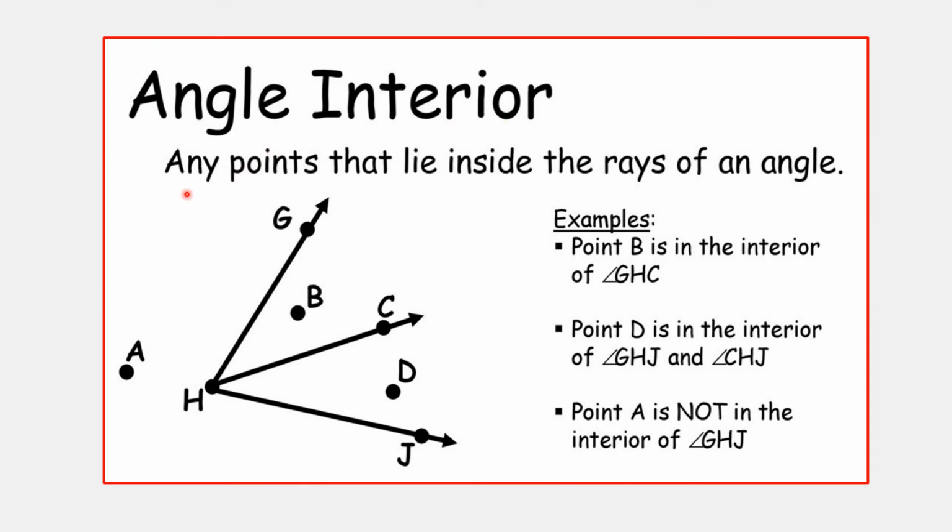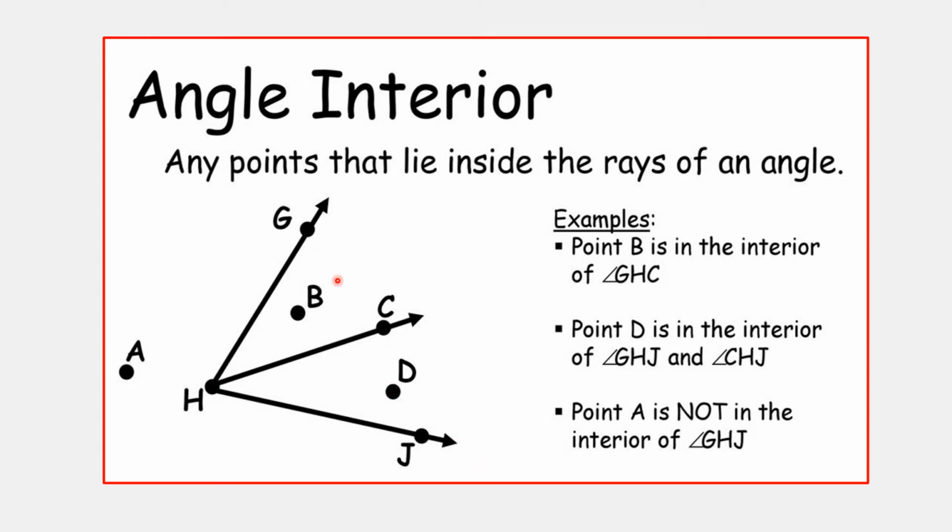Angle interior: any point that lies inside the rays of an angle. The points which lie inside the rays of an angle are all the interior points. Point B is in the interior of angle GHC, right? So GHC is an angle, and point D is in the interior of CHJ, or you can say GHJ.